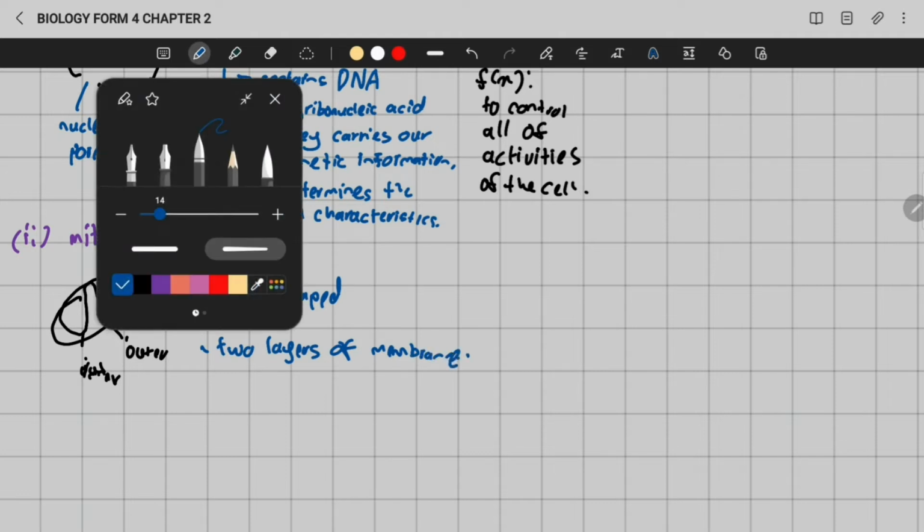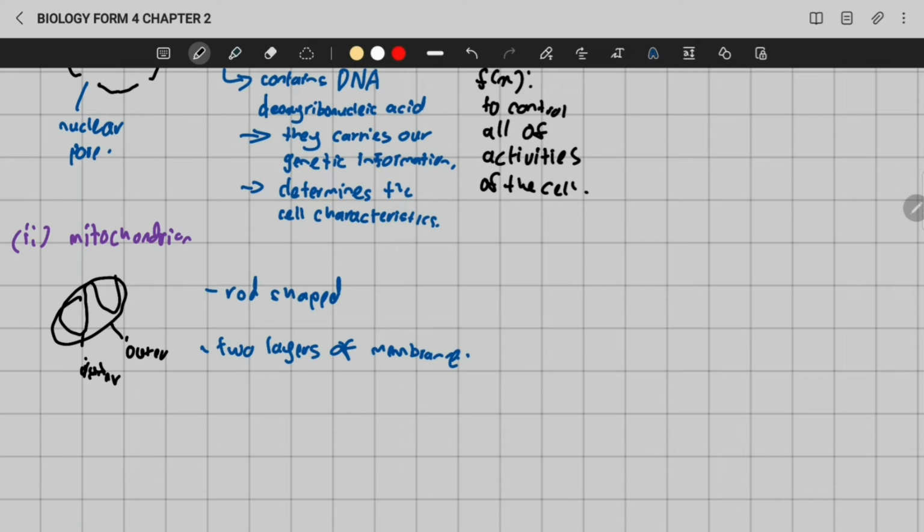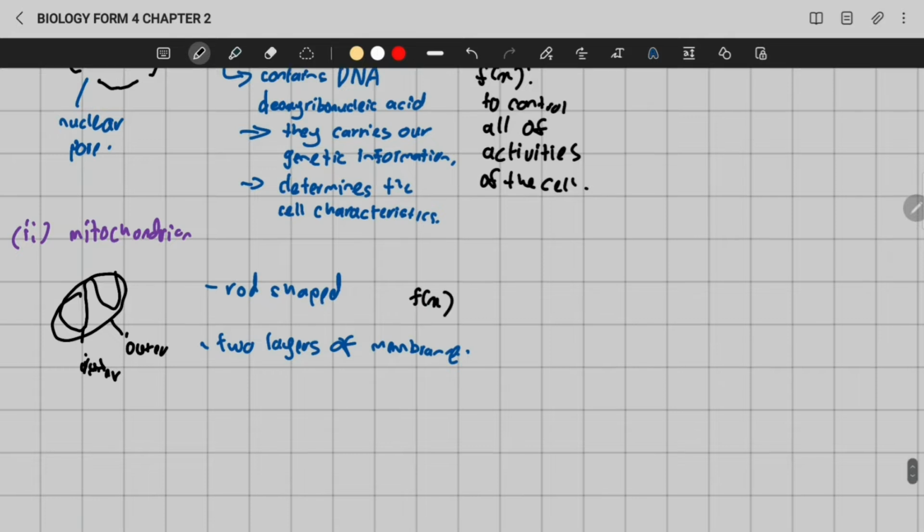I already stated before this that mitochondrion is the powerhouse of the cell. So I guess you can get to know the function, which is to generate energy. But I recommend you to write more if this question is asked.